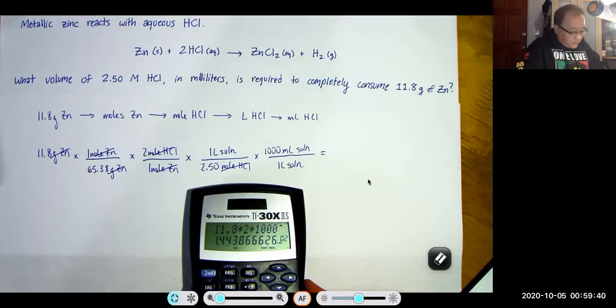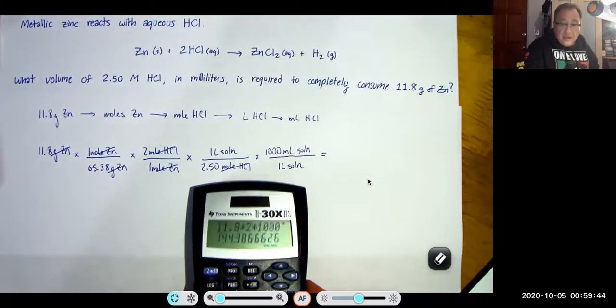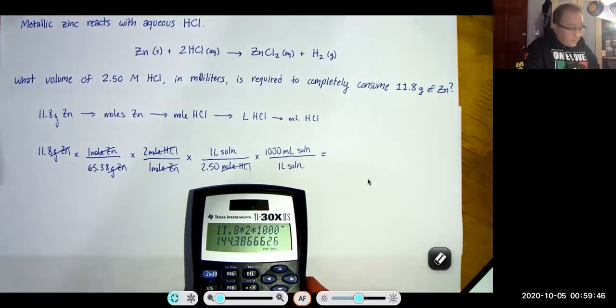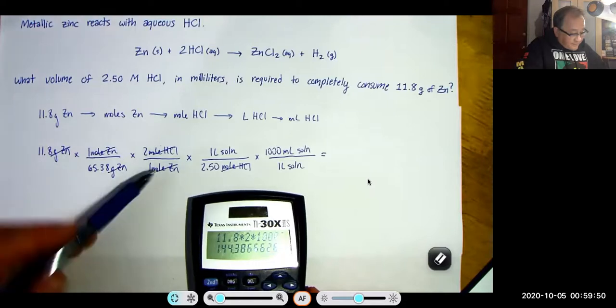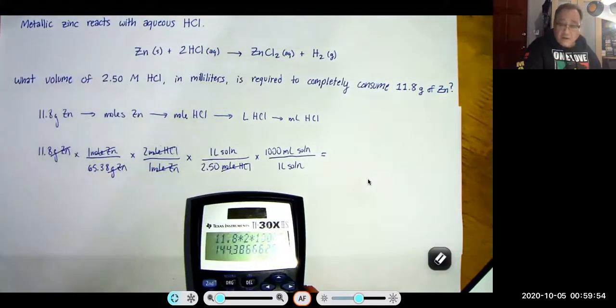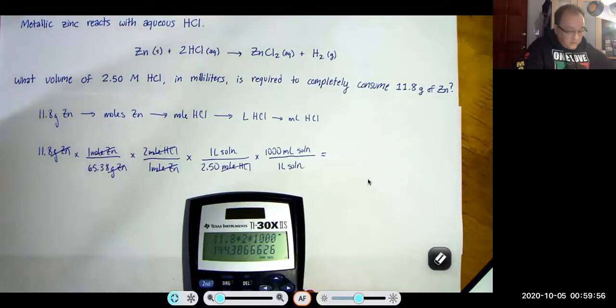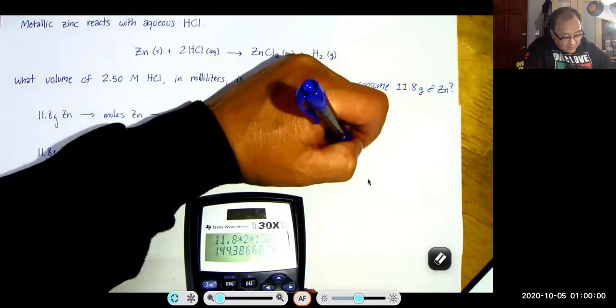I'm going to go ahead and change this into float. And you can see we get 144.38. 3 sig figs, 4 sig figs, infinite, 3 sig figs, infinite. So our answer is going to be 144 milliliters of solution.